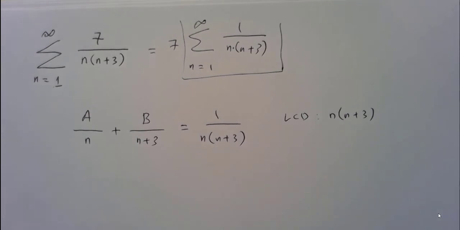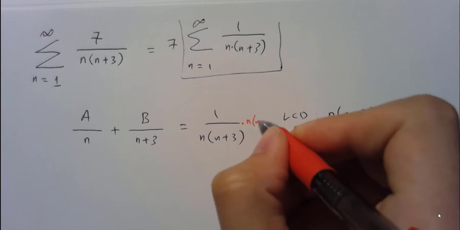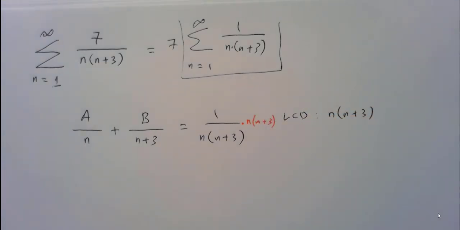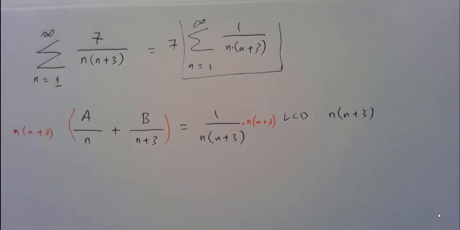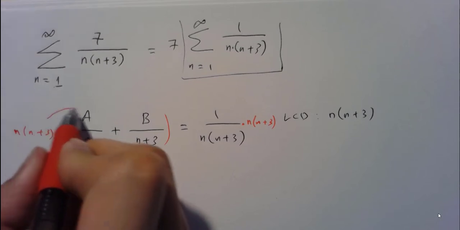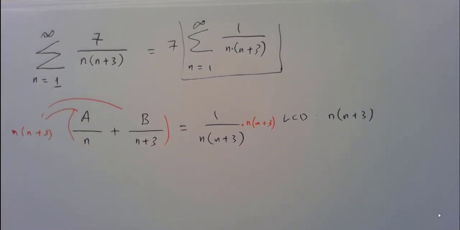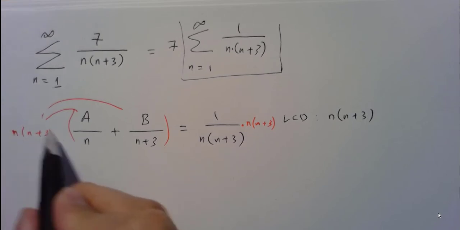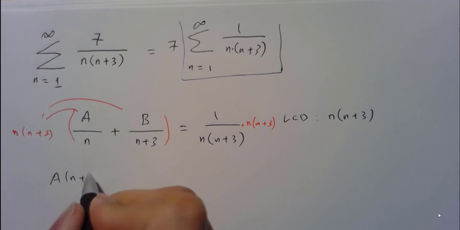Now, after that, we take the LCD. We multiply the LCD on both sides. Then make the distribution to the left side. When you do that, the first term n and n, they cancel out, so I have a times n plus 3.